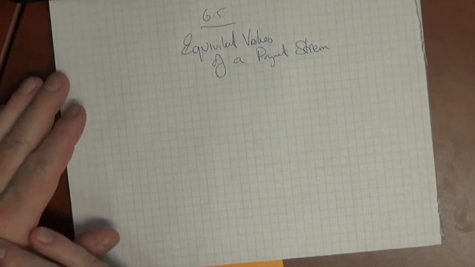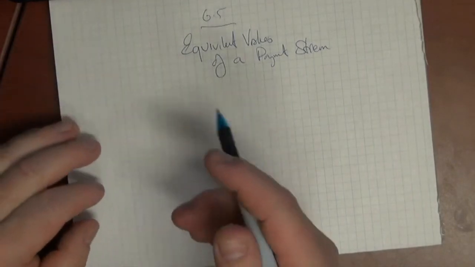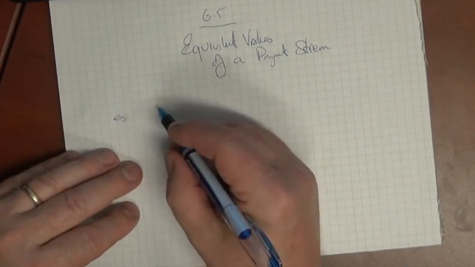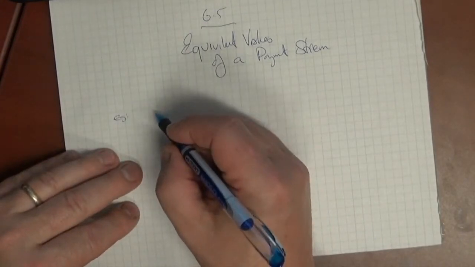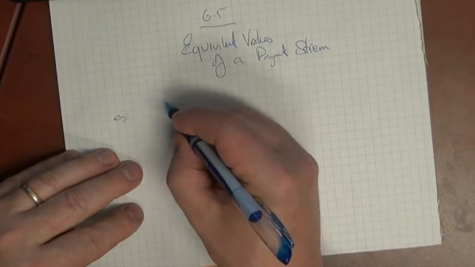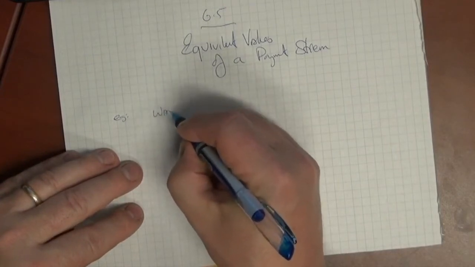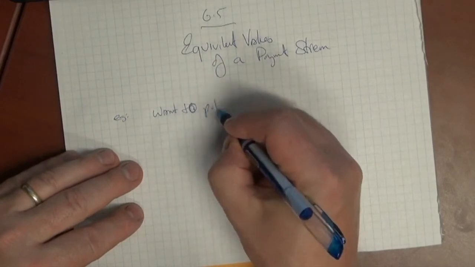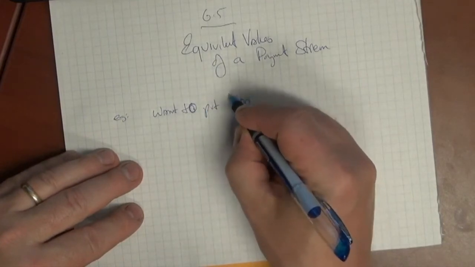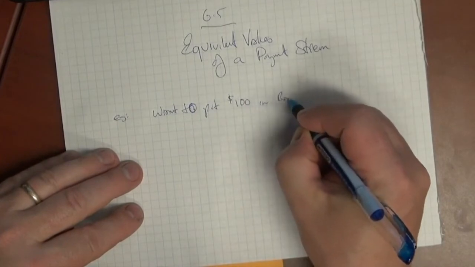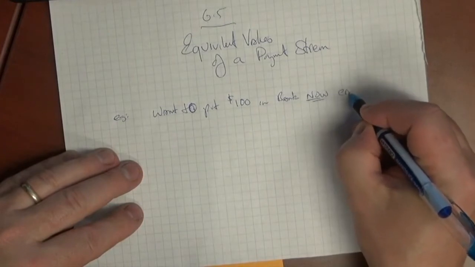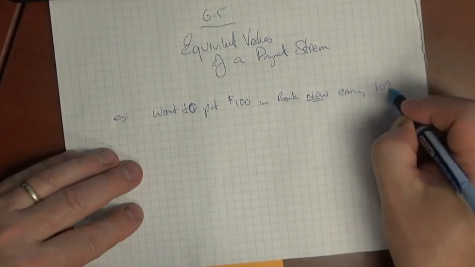What we've got is a couple of payments. So let's say, for example, a simple example is that you want to put $100 in the bank now, earning 10%.